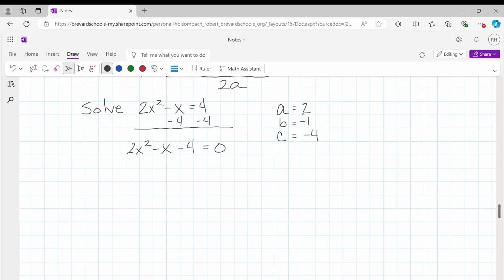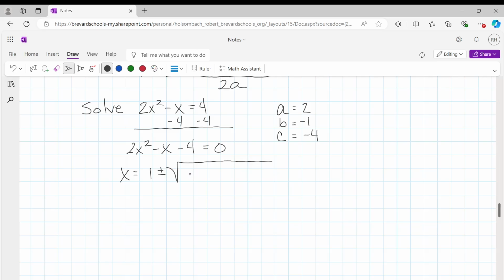And then just take those values and substitute them into the quadratic formula. So the opposite of b, if b is -1, then the opposite of b is +1, plus or minus the square root.